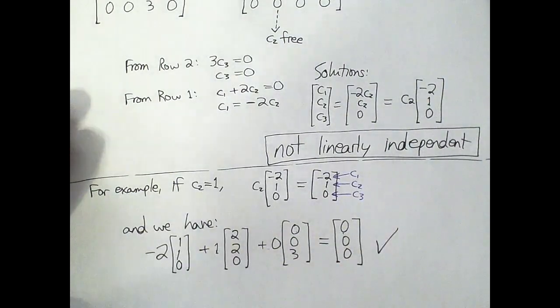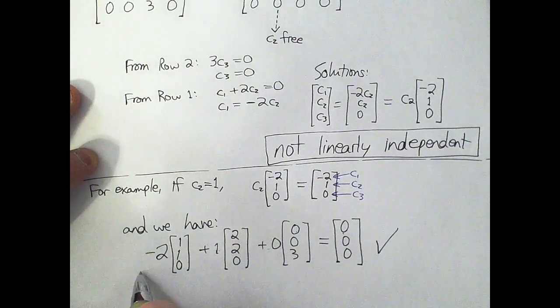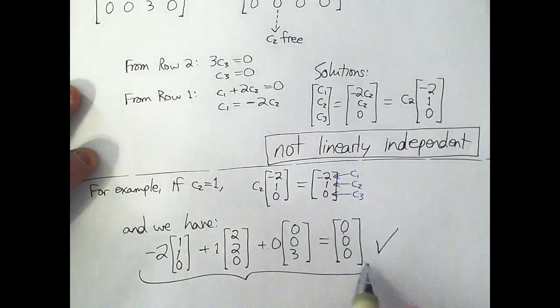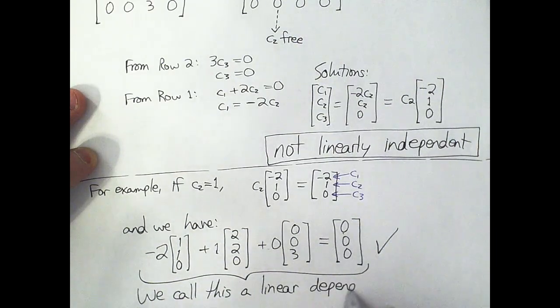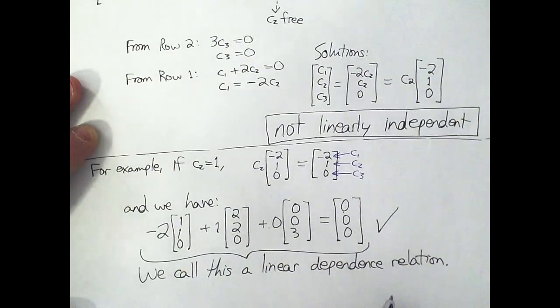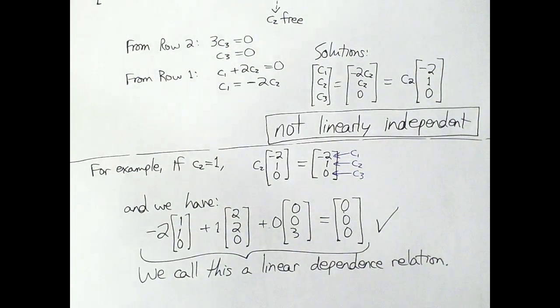That's just one possible value of C2. C2 could be any real number. But we have a name for this. We call this a linear dependence relation. It is the full equation written out, C1 V1 plus C2 V2 plus C3 V3 equals the 0 vector.